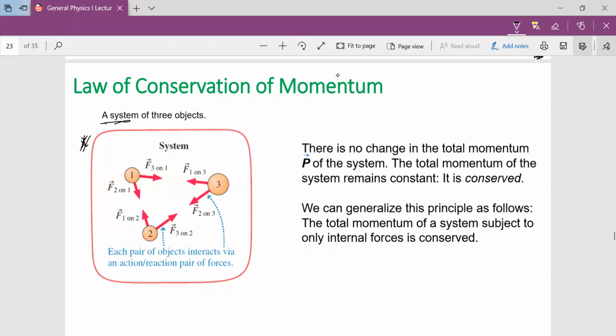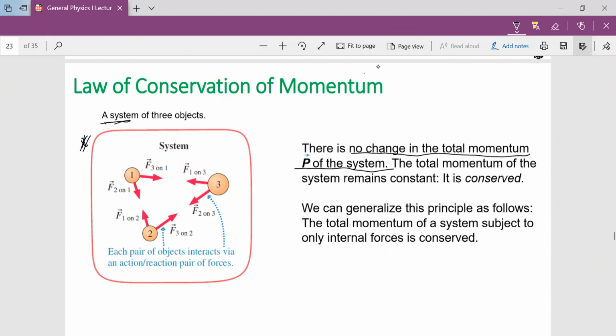So for such a system, we will now establish some rules that will guide our understanding. Okay, so we see that as long as we can describe the interaction of such a system with the action-reaction pairs, we will notice that there will be no change in the total momentum of that system.